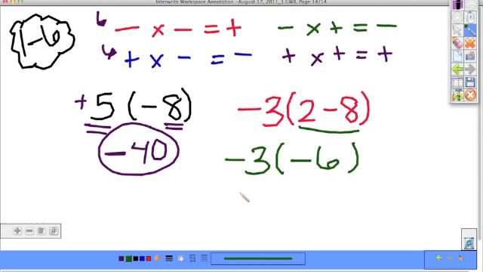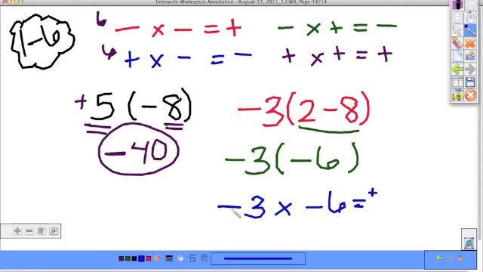If you don't like the parentheses, you can rewrite this as negative 3 times negative 6. That's fine. Negative times a negative equals a positive. I'm going to put a little positive here. You don't put a positive with the answer, but this is just to help you on your homework.